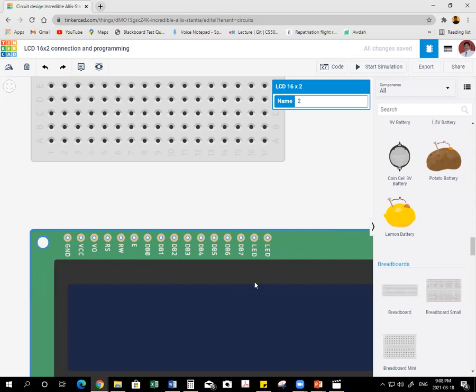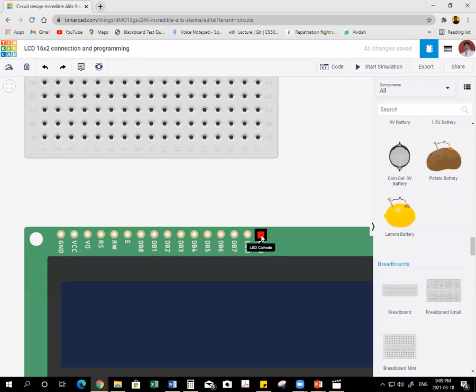Now the remaining 2 are the LED backlight. We have 2 things: one is contrast, that is brightness, and another is backlight, meaning light from the back inside the LCD. For that there are 2 connections: LED anode and LED cathode.